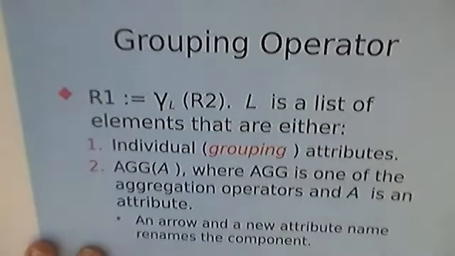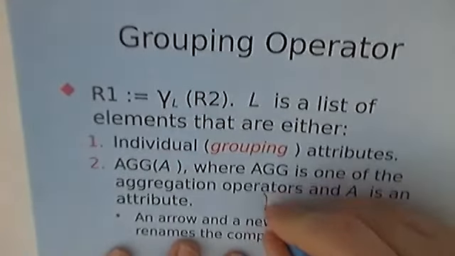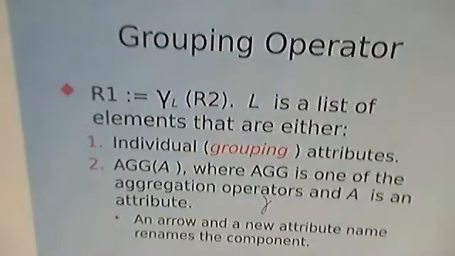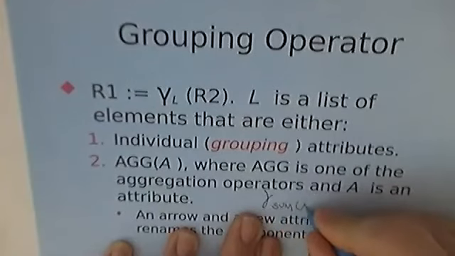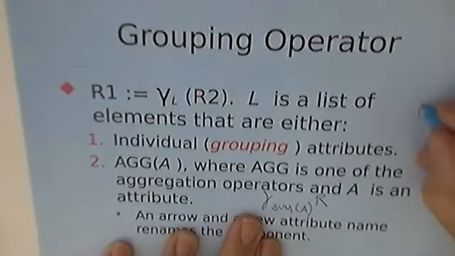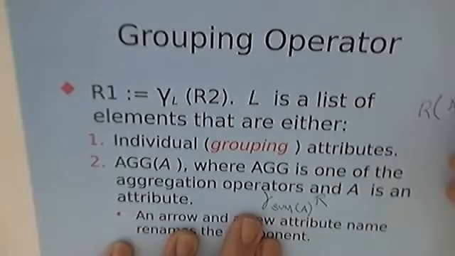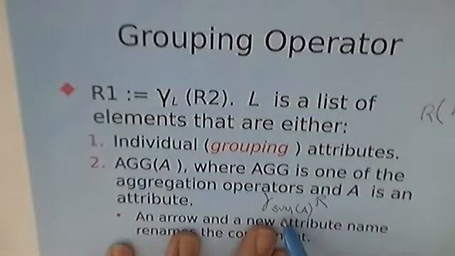So in that slide before, technically speaking, what we would have is something like this: gamma sum of A over R. Let's just say that R consists of A and B. In this case, we're not grouping by anything. We're just doing the raw aggregate calculation, the sum here.